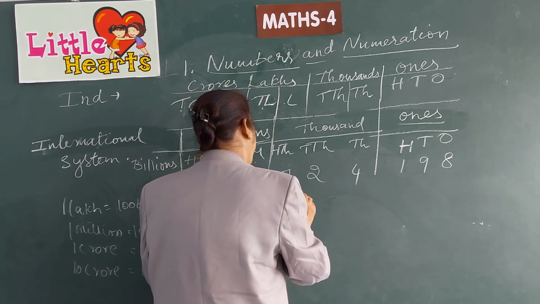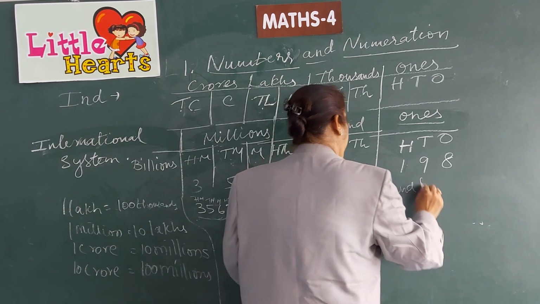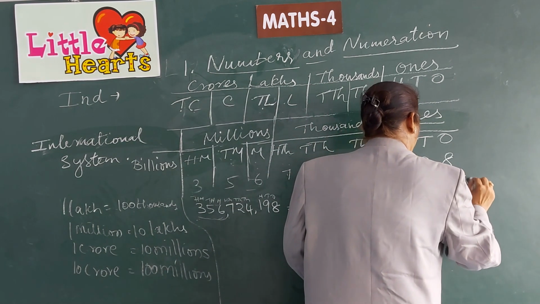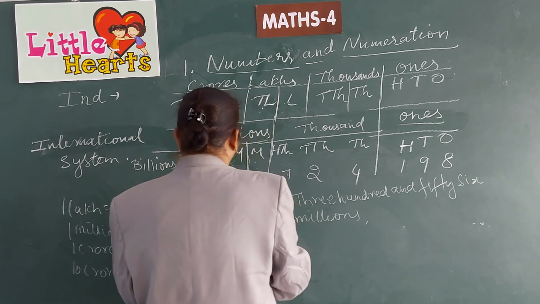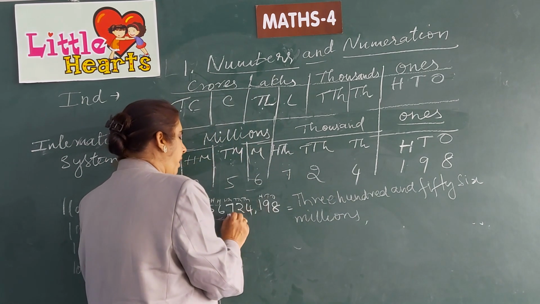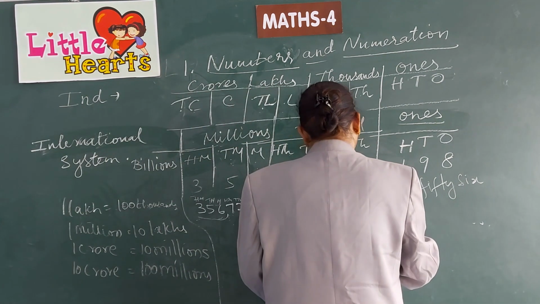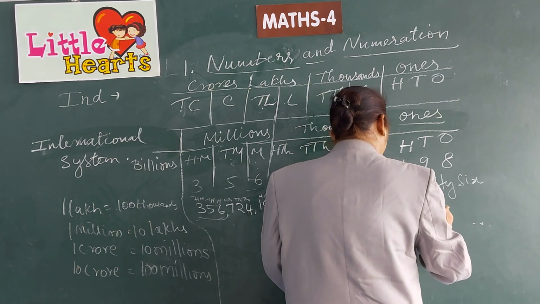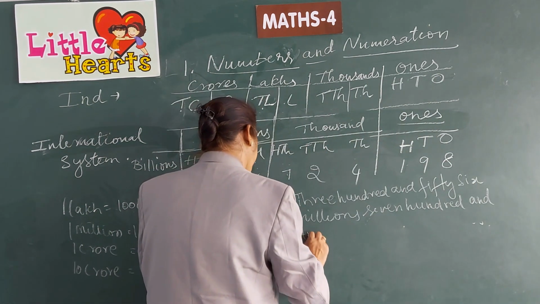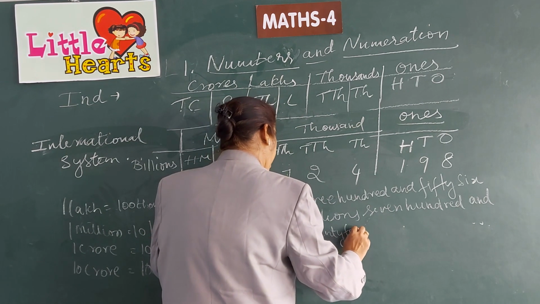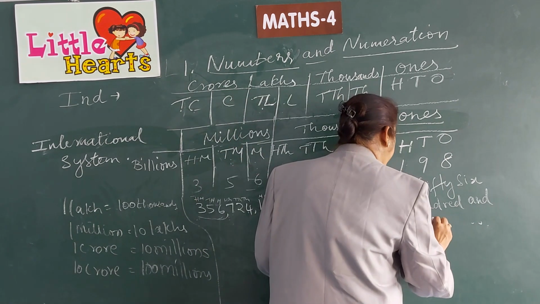Next period is the thousands period. Read the digits together: 724,000. Then 198.